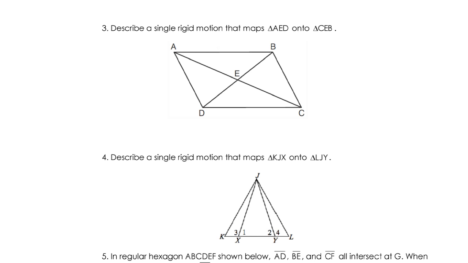All right, we're on the back side of notes, and number 3 says, describe a single rigid motion that maps triangle AED, so that triangle there, onto triangle CEB.